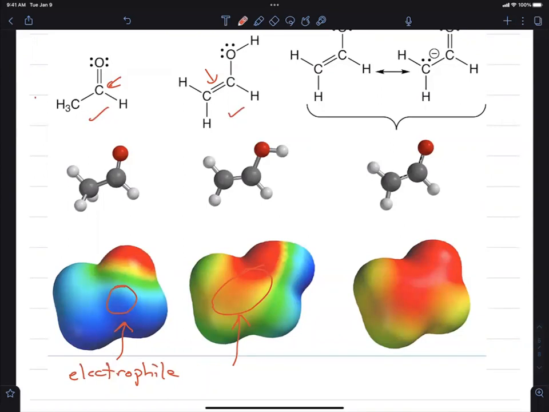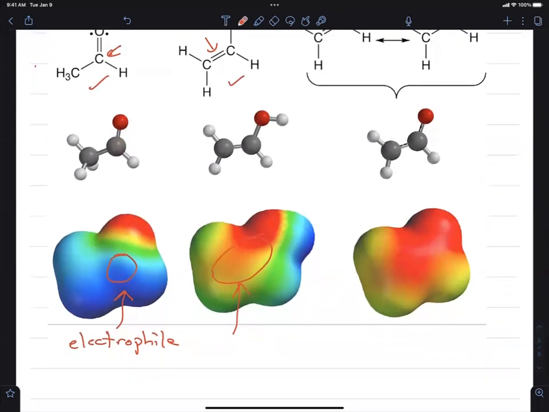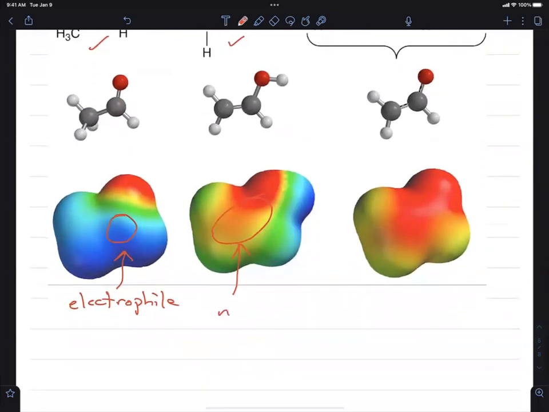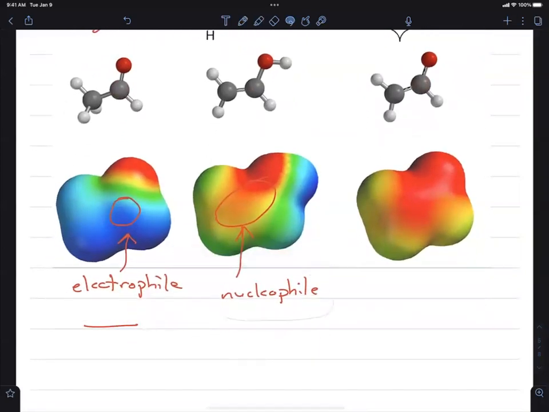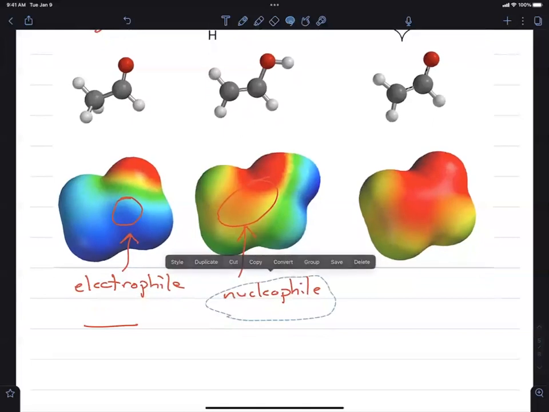In other words, this is electron rich. That carbon can act as a nucleophile. We have changed the personality from being an electrophile to a nucleophile. And just to be clear, you would generally consider an enol to be a weak nucleophile.